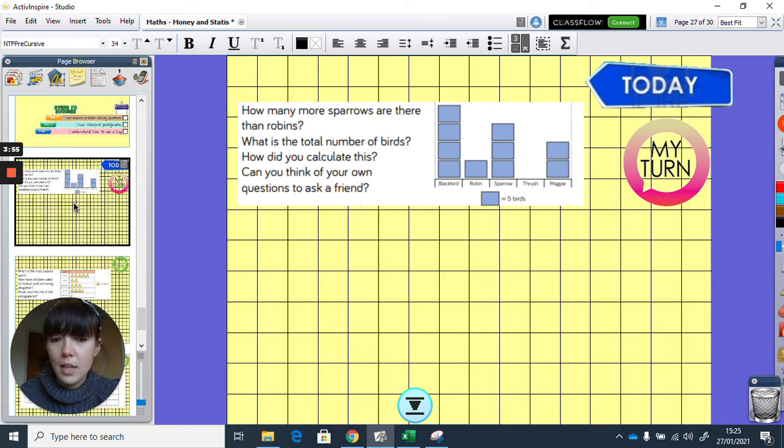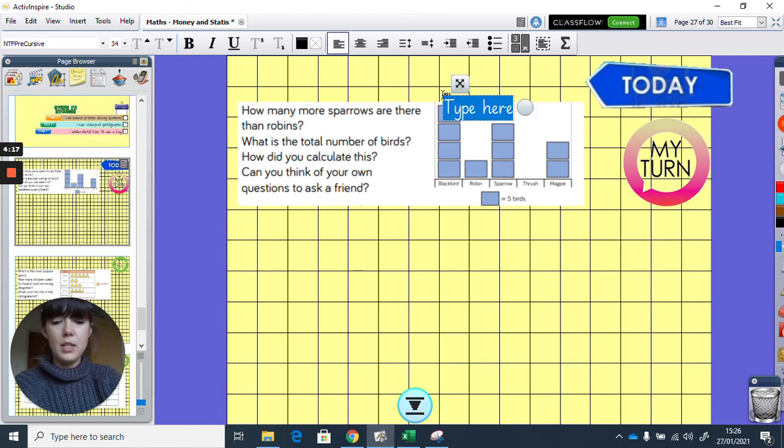So the first thing, before we do any questions, is we need to work out how many birds of each type. If we look very closely at the key, we can see that 1 blue square equals 5 birds. So all you need to do is count up in 5s to work out how many in total. 5, 10, 15, 20.